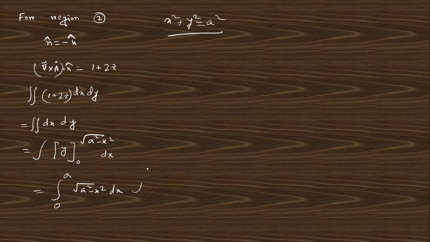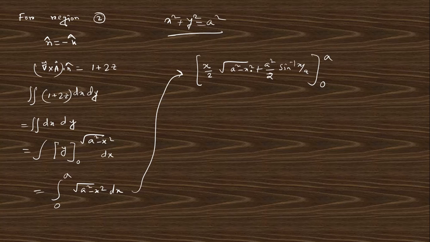If you put the value of this integration, this will give you x by 2 root under a square minus x square plus a square by 2 sine inverse x by a, with limits 0 to a. If you put the value a, this will be 0, and if you put the value 0, this will be 0, so in both cases this term will be 0.